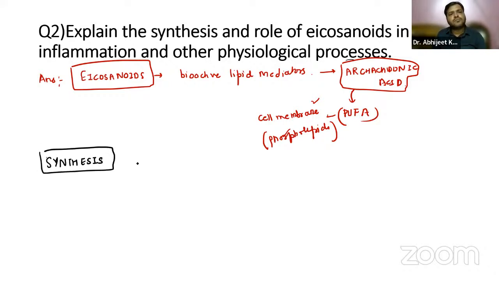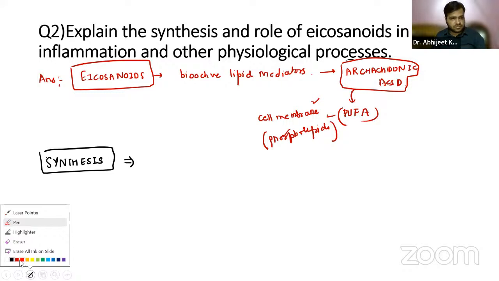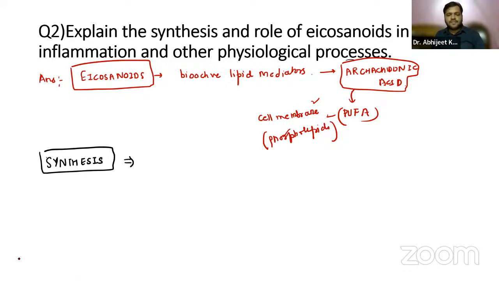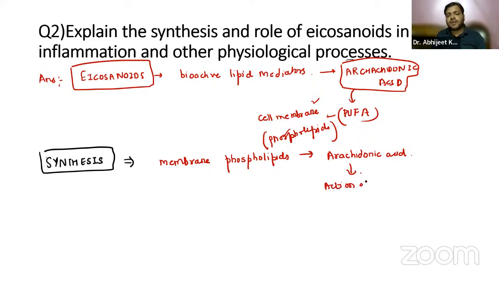The very first thing is that the eicosanoids are synthesized from membrane phospholipids, where arachidonic acid is typically released by the action of an enzyme called phospholipase A2.